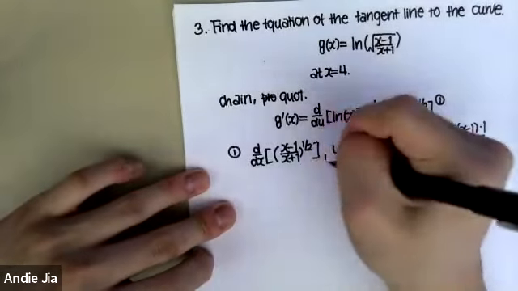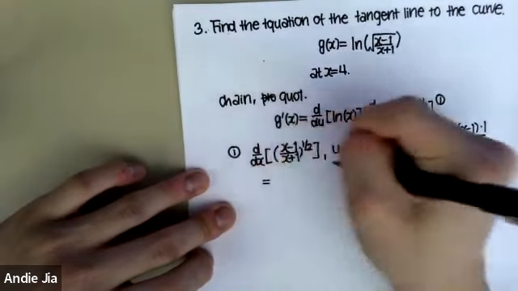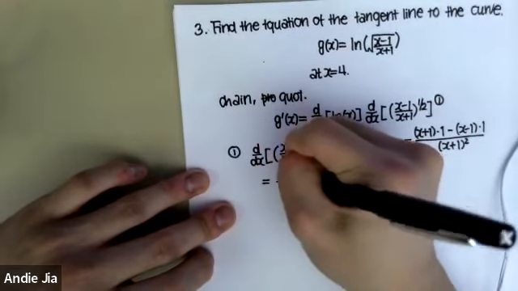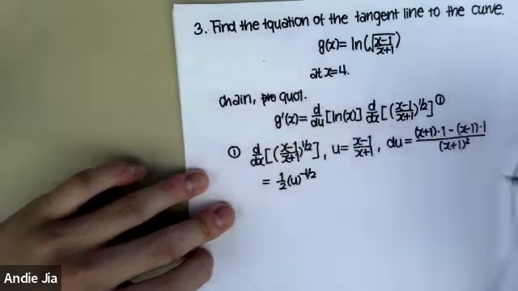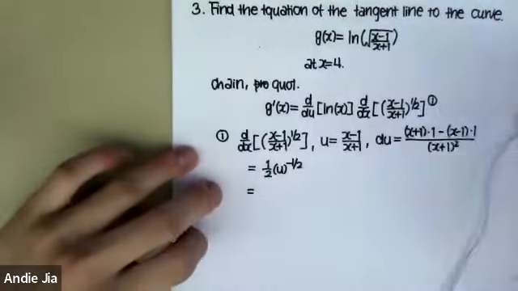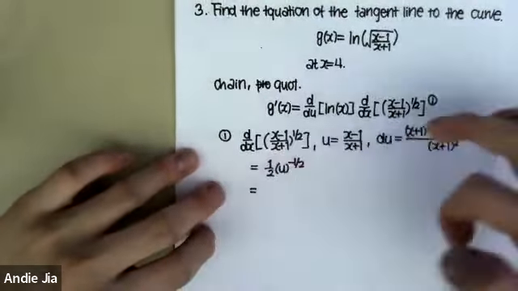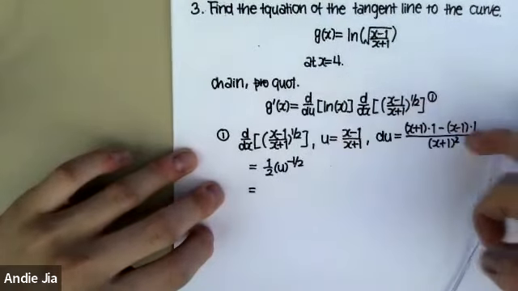So for the outer part, this is just going to be 1/2 u to the negative 1/2. And then we put them all together, and we replace this u back here.